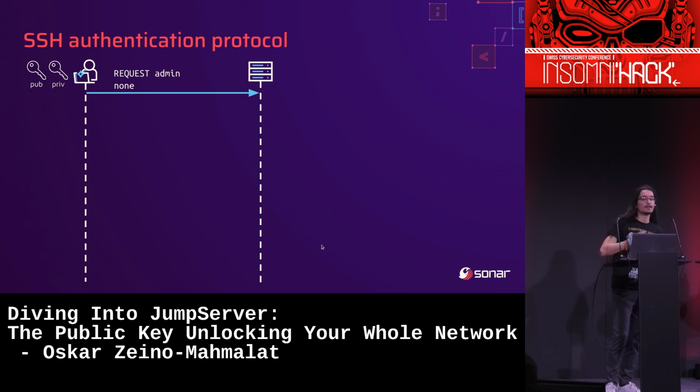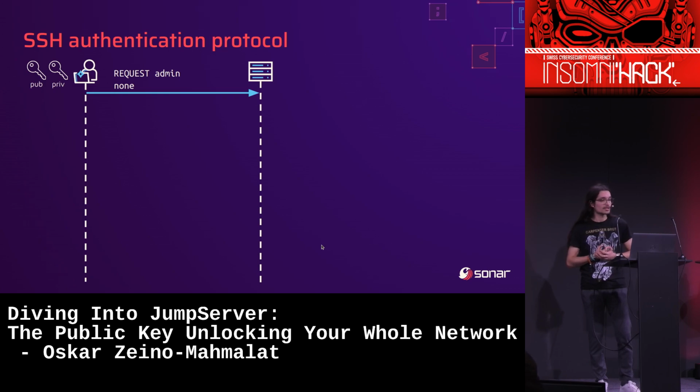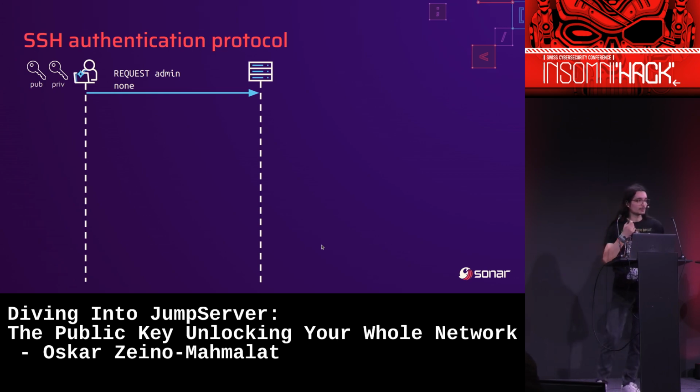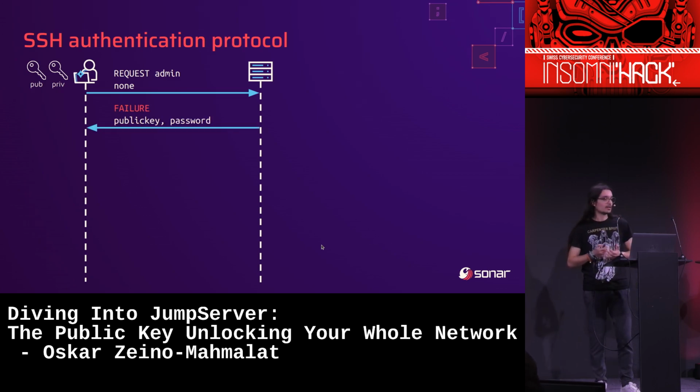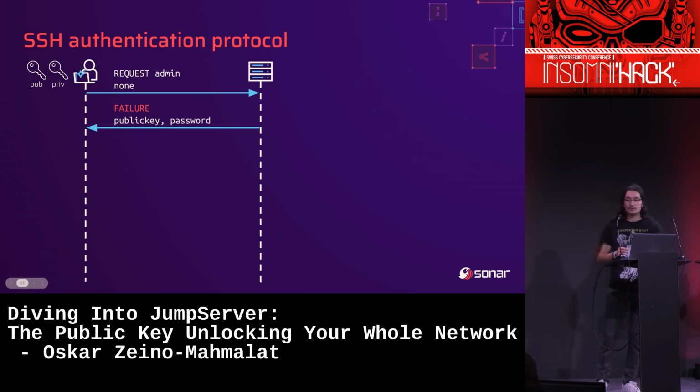So, for example, if I have this user here who wants to connect to a server, he first tries to authenticate as the user admin and tries to use the authentication method none. And of course that fails. I mean, you can't authenticate with nothing, but it turns out this actually serves a purpose.